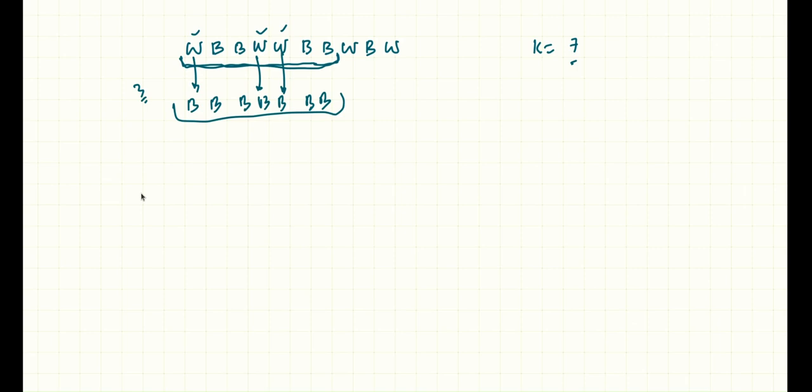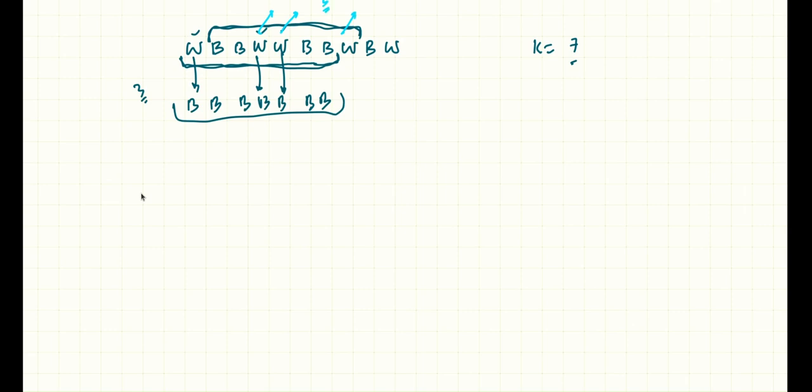This is one possible combination. We could have also picked this particular substring, which is also of size k. If you pick this, we would have recolored this white and this white. Even in this combination, the number of recolorings is still 1 2 3. There are 3 recolorings which we have done.